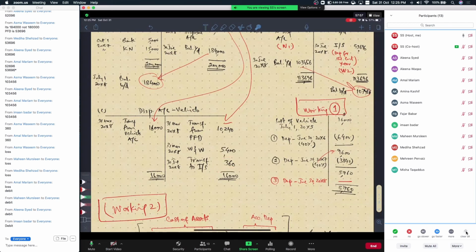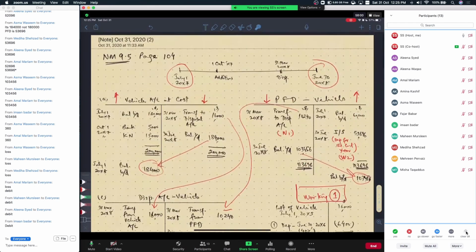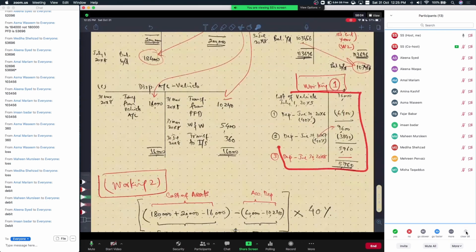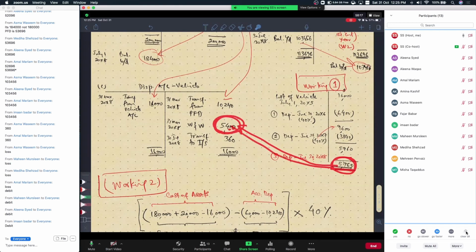The other way you can justify this being an expense is to refer the working over here. You can see that you have calculated the net book value of that asset already as $5,760, and that $5,760 worth asset was sold for $5,400. So that means you sold it below its net worth, and that is why it's 360.